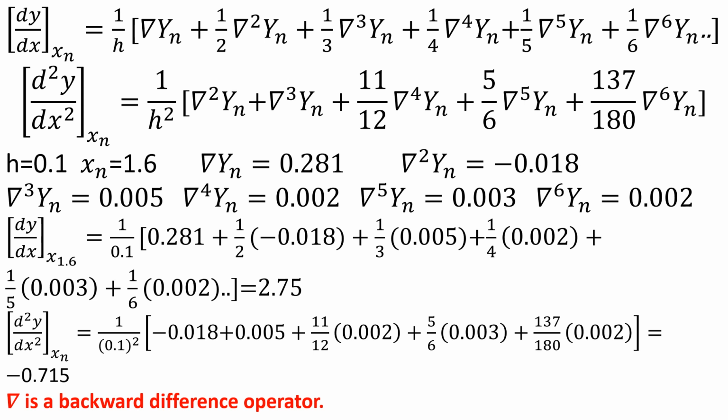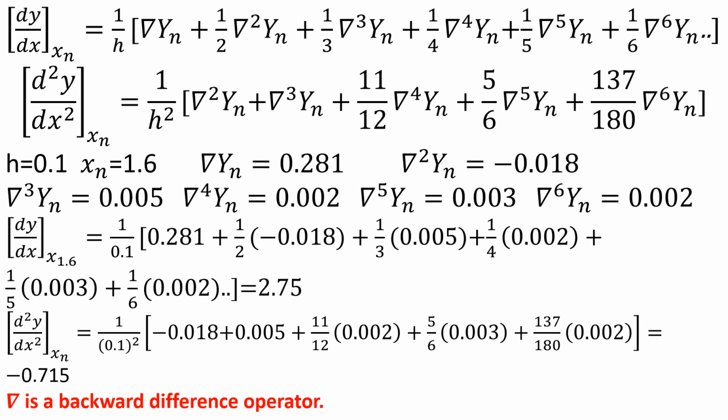You can write the values from the table. At the end you have to draw a line to write all these values, then put the other values here. 1 by h is 1 by 0.1, so all the values are calculated.